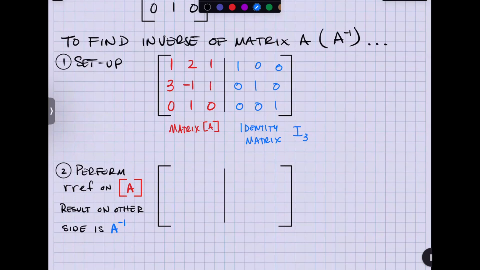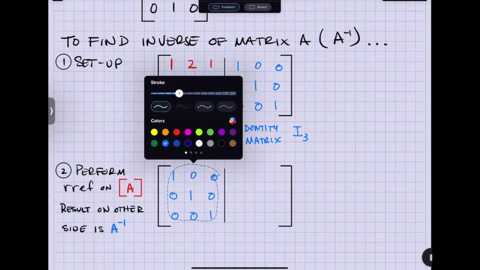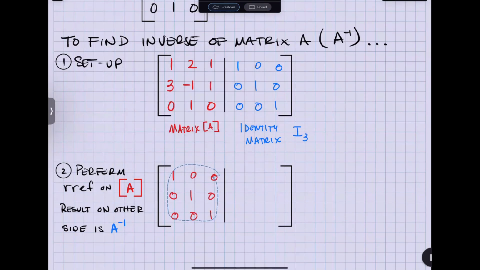So what we're going to do here is get this side to have that. So we're going to do row operations, focusing on getting this side to be the identity matrix. Okay? So that's what we're trying to do.